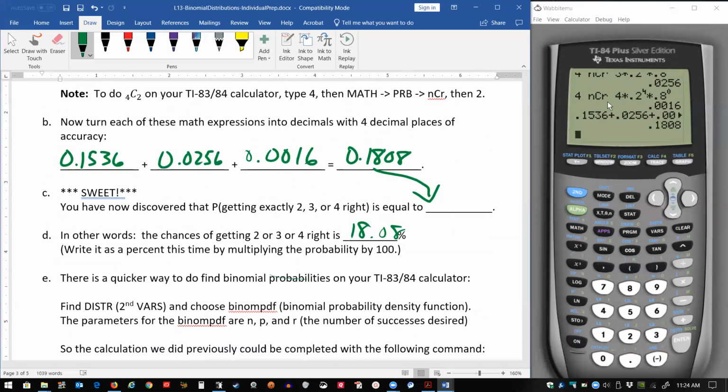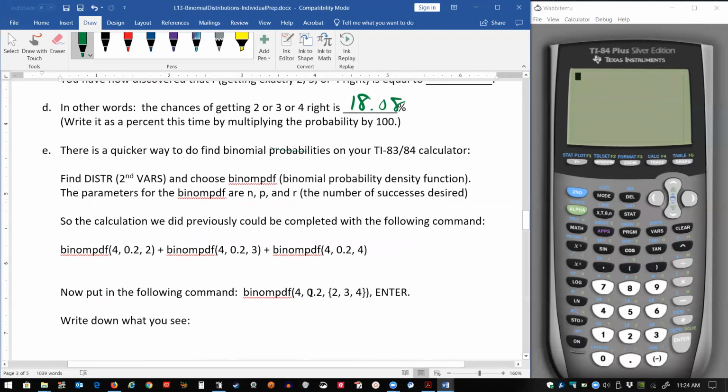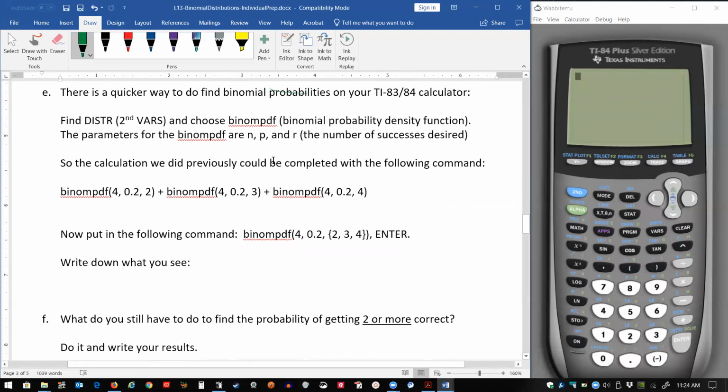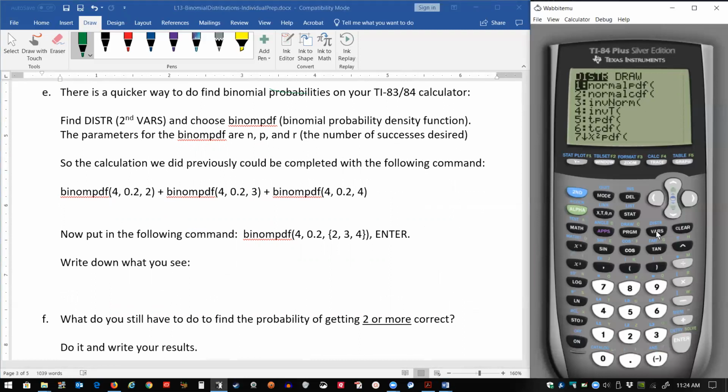So note those first ways of doing this, I just used that entire formula with the nCr thing, right? The binomial probability formula, that's great, but that's a lot of key presses. There is another option on our calculators, and that's going to get us into our distribution options. So we're going to hit second and variables, and this gives us a list of distributions.